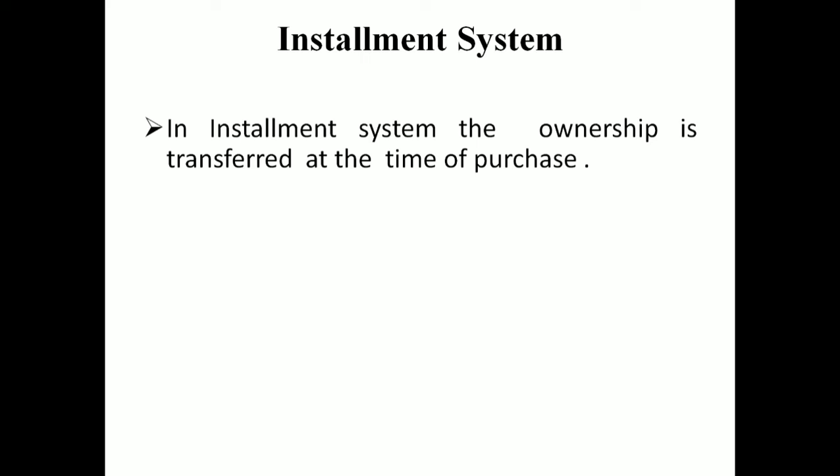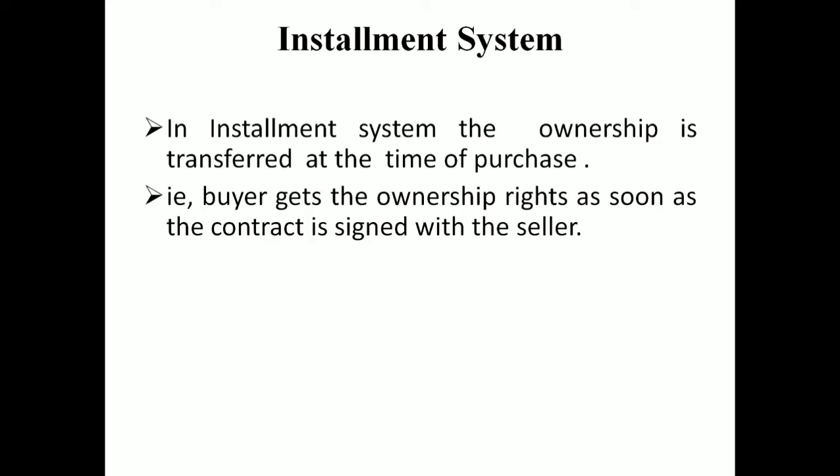Let us see what an installment system is. In the installment system, the ownership is transferred to the particular party at the time of purchasing the product. That means at the time of purchasing the product, the ownership is automatically transferred. Then the second point is the buyer gets the ownership right as soon as the contract is signed with the seller.